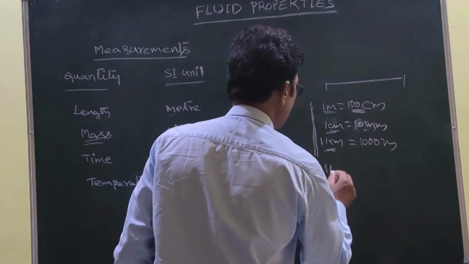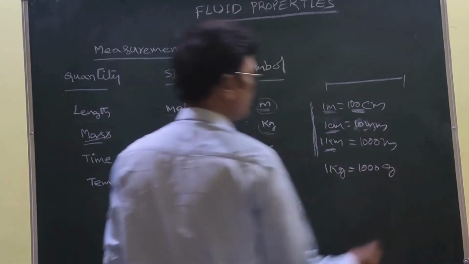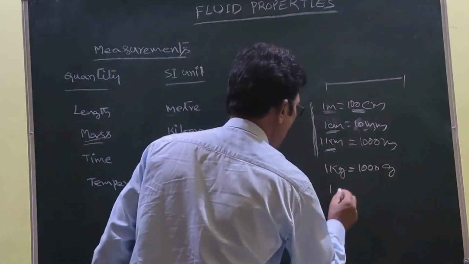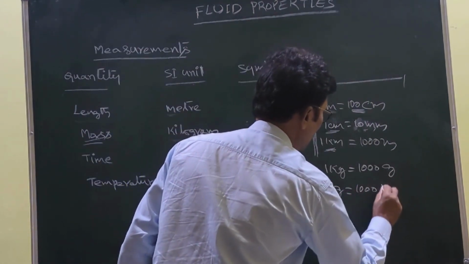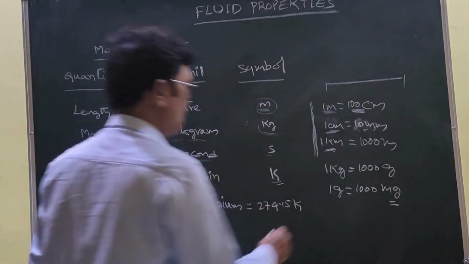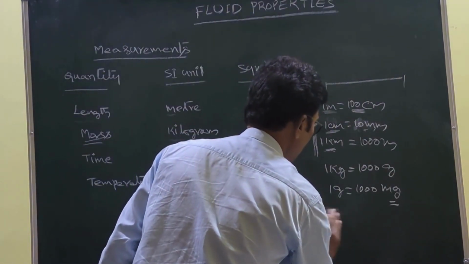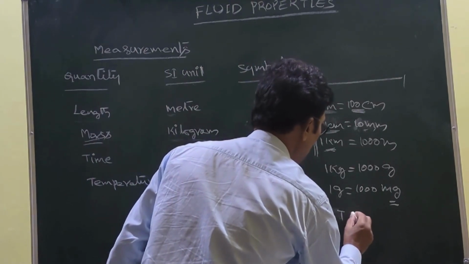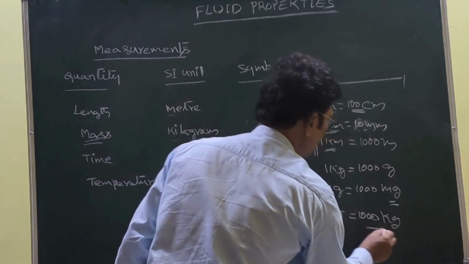Of course 1 kg equals 1000 grams, 1 gram equals 1000 milligrams, and 1 ton equals 1000 kgs.